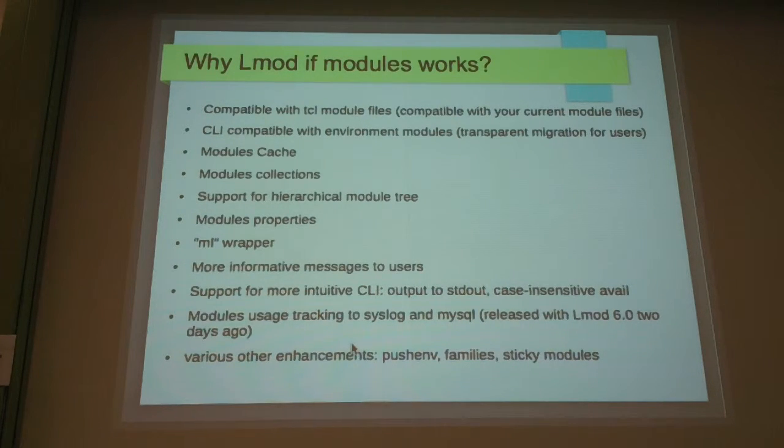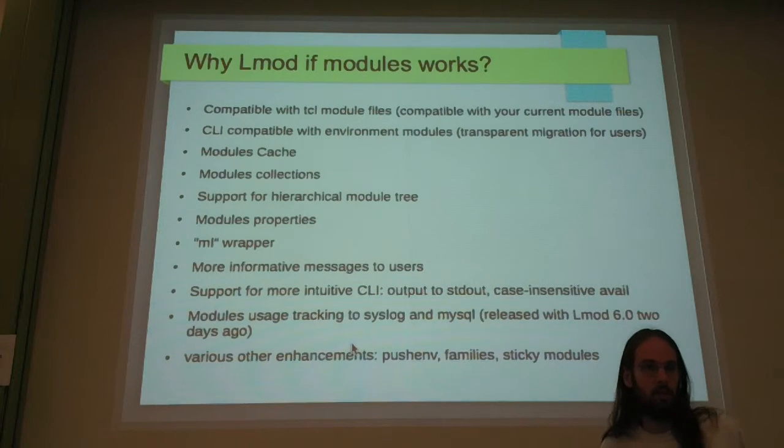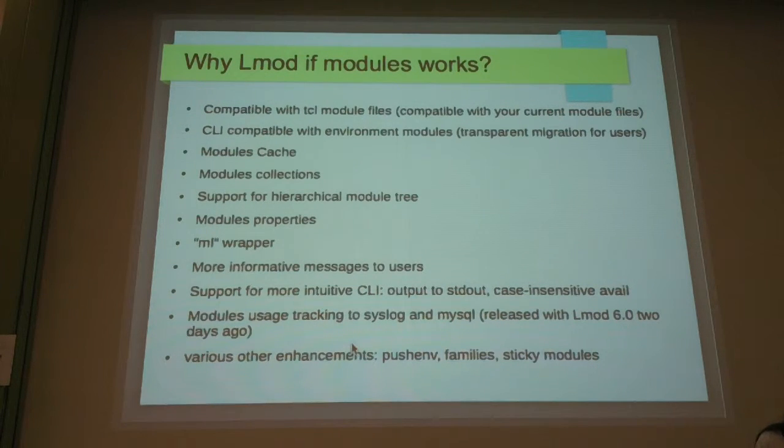You also have support for a hierarchical module tree, which is something we don't use, but some computing centers find it useful. Basically, you log in on the machine, and you only get the compiler list when you do module av. You load a compiler, and then on module av, you get the list of software which has been built with that compiler.